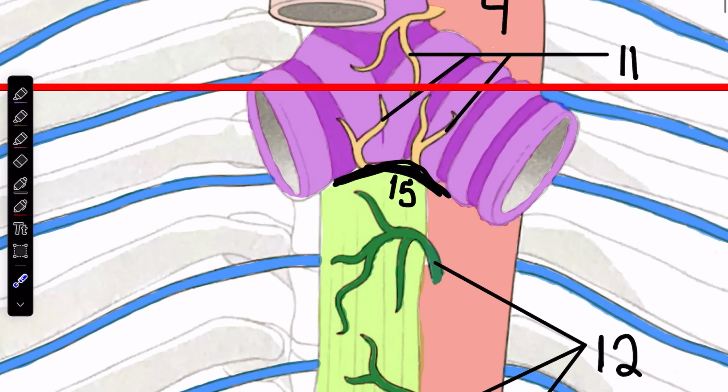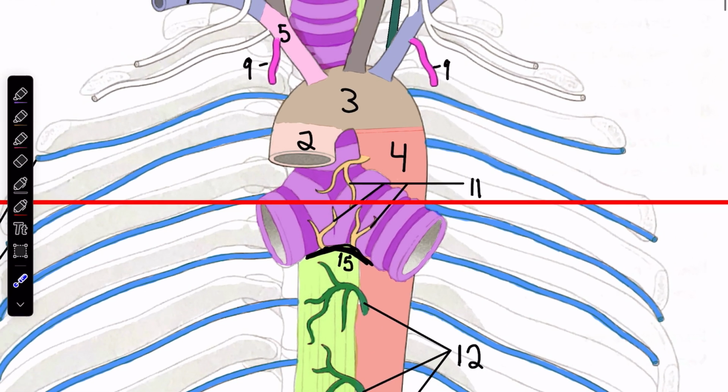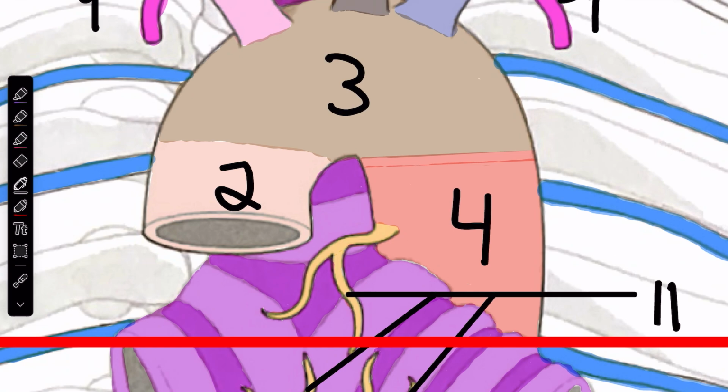A couple of things that I had to put in here is number 10, which is going to be your ligamentum arteriosum. I forgot to put this in here, but just so you can see it, ligamentum arteriosum will sit right in here, and this is connecting your aortic arch into your pulmonary trunk.